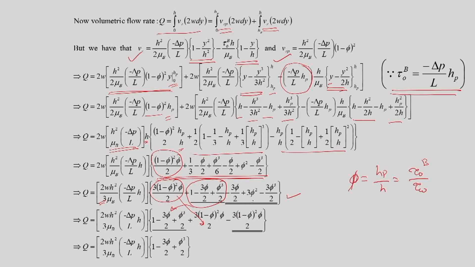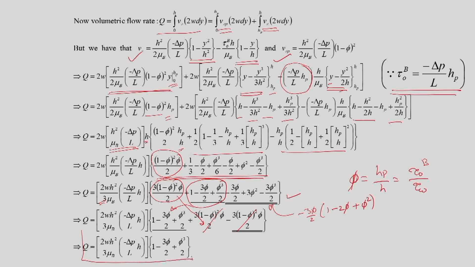If you take minus 3 pi by 2 common from these terms, here you get 1, then minus 2 pi plus pi square would be there, right. So, that means 1 minus 2 pi plus pi square I can write as 1 minus pi whole square. So, minus 3 by 2 pi as it is 1 minus pi whole square. So, this term would get cancelled.